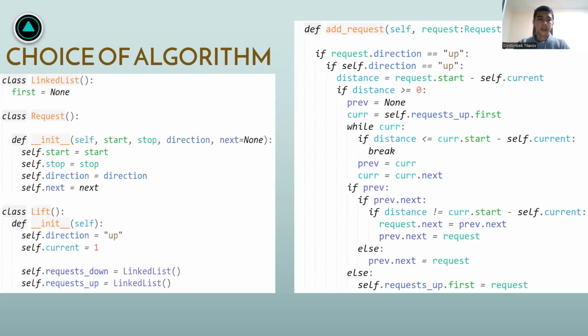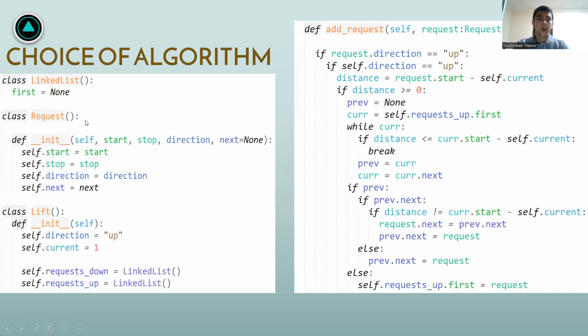Okay, choice of algorithm. Here you can see the linked list class, request class, lift class, and you can see the add request method of the lift class. In our linked list, we only keep the first element to find the starting point of the list.